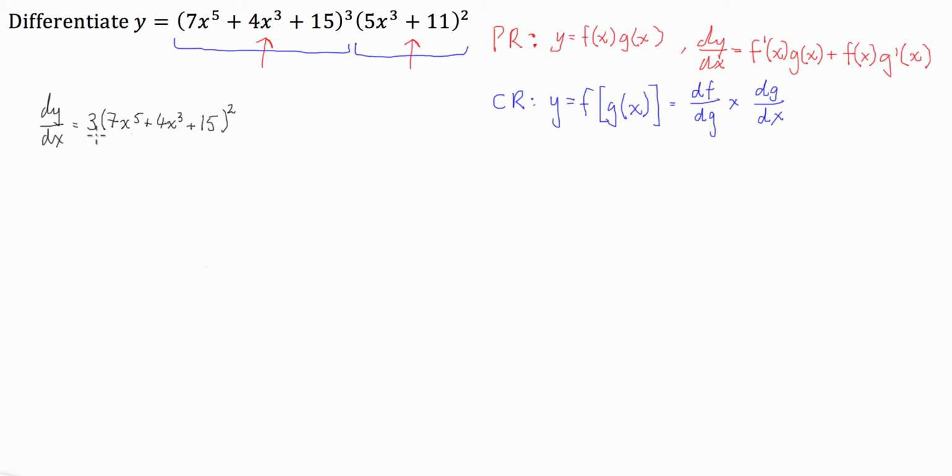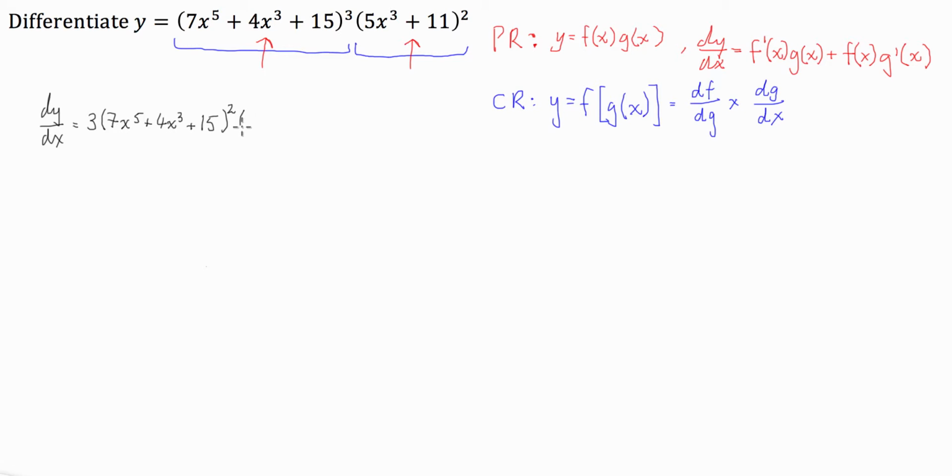And because to differentiate this we have to use the chain rule because we have an inside function and we have an outside function, the chain rule says that we then have to multiply this by the derivative of g, which in this case g of x is equal to the inside part.